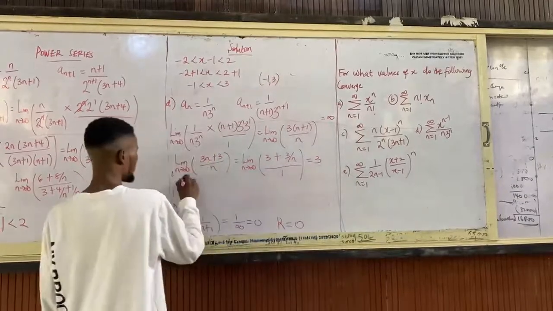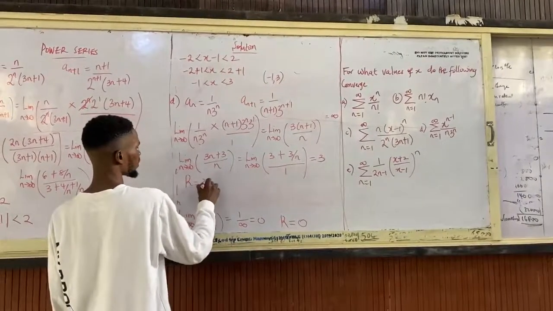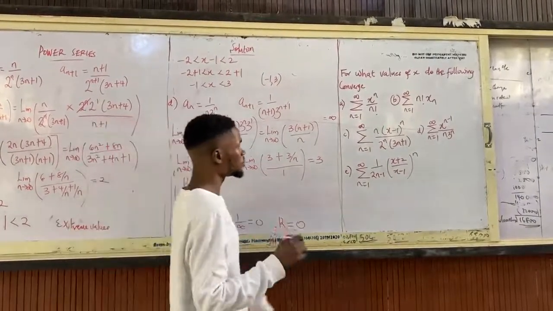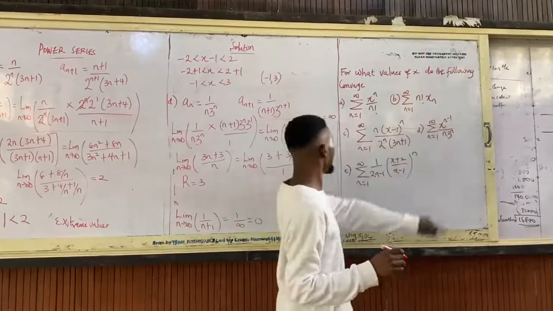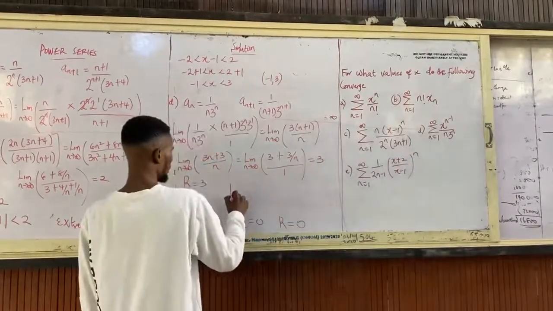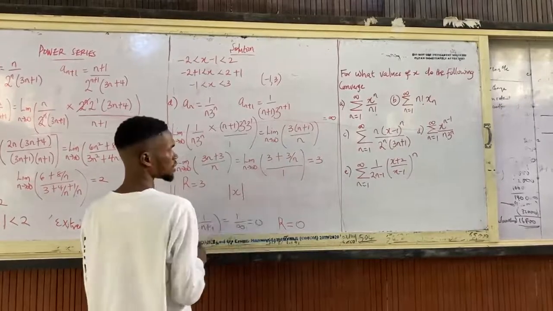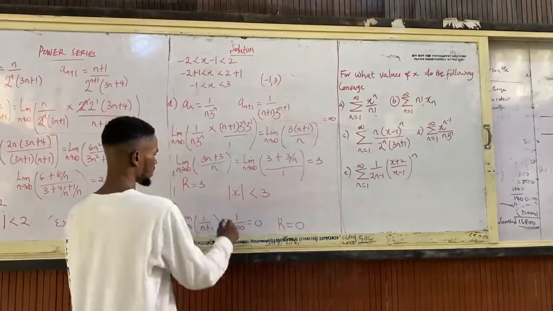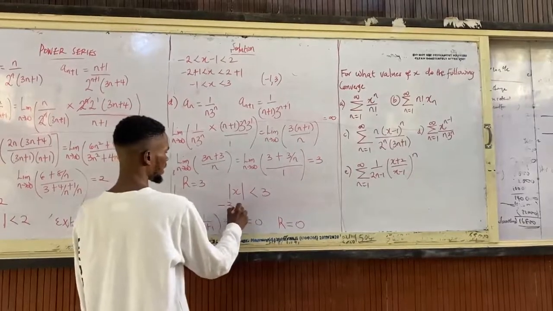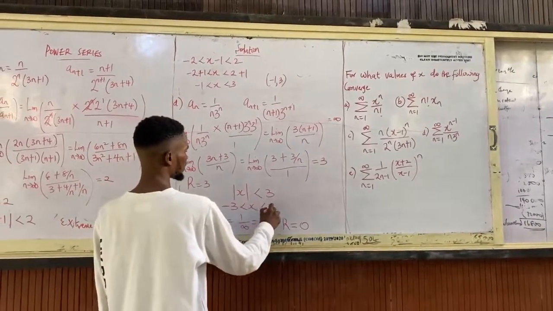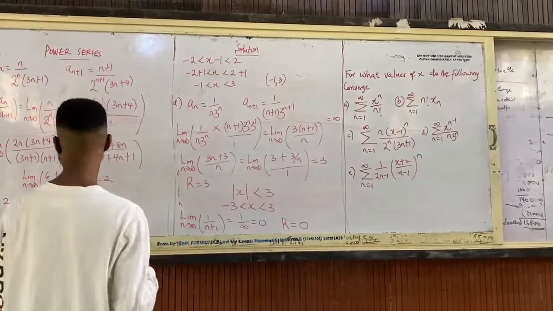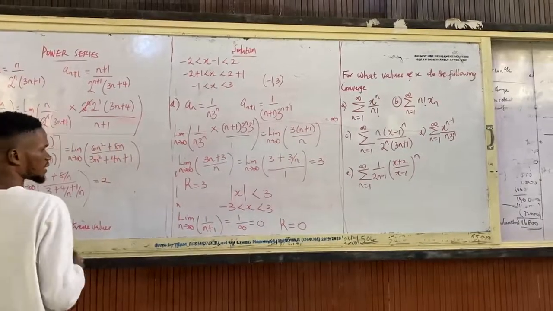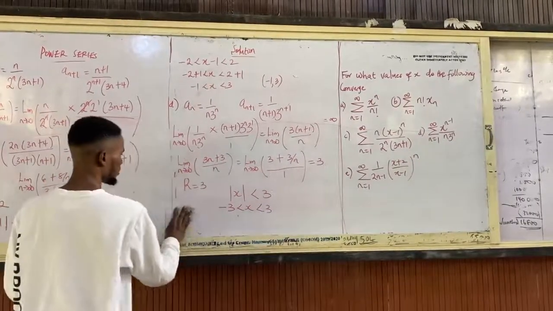So the radius of convergence is 3. And the interval of convergence will be the absolute value of x less than 3, which is minus 3 less than x less than 3. That's the extreme value.